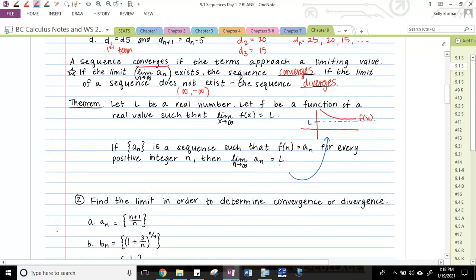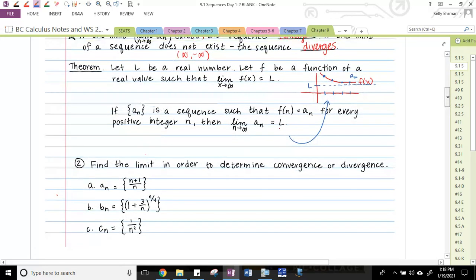So if the terms in the sequence are equal to the values of the function at integer values, so like at 1, we're here, at 2, we're here, et cetera, et cetera. So if these dots represent a sub n, then those terms are also going to be approaching that same L, that same limiting value.